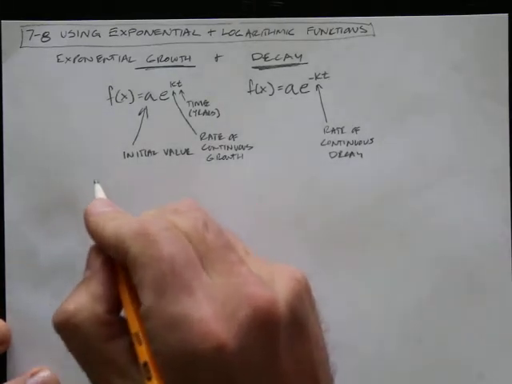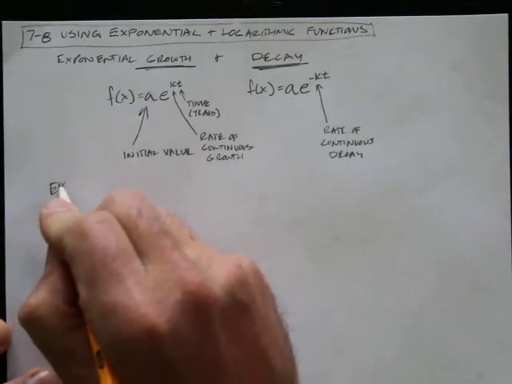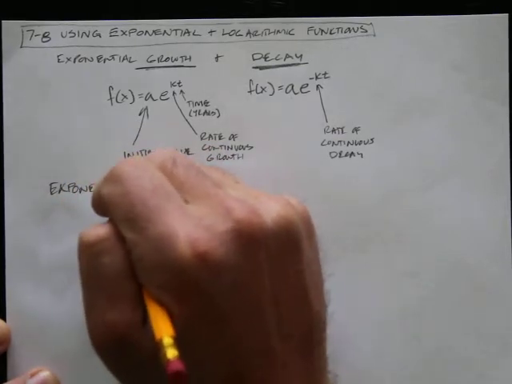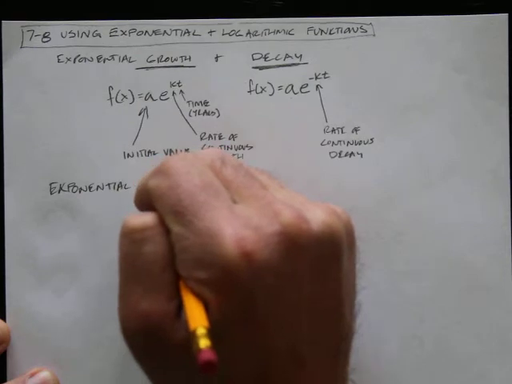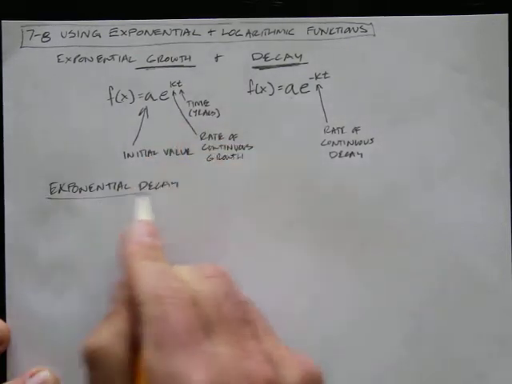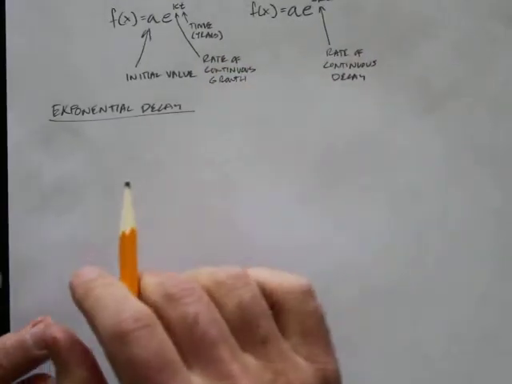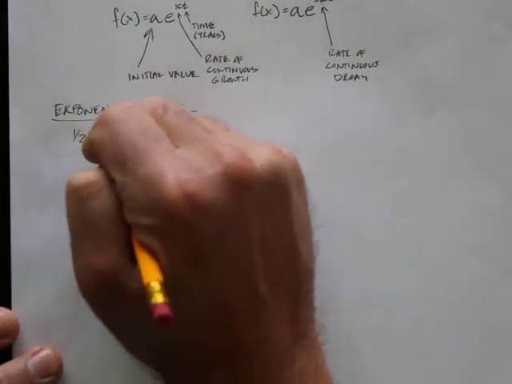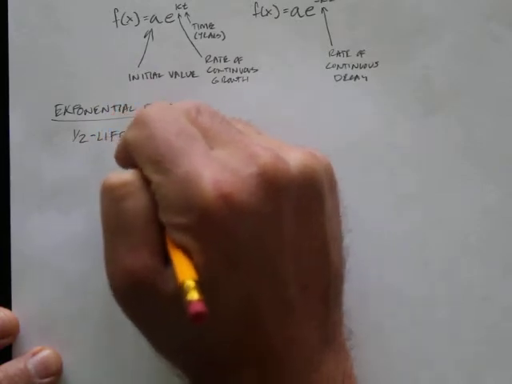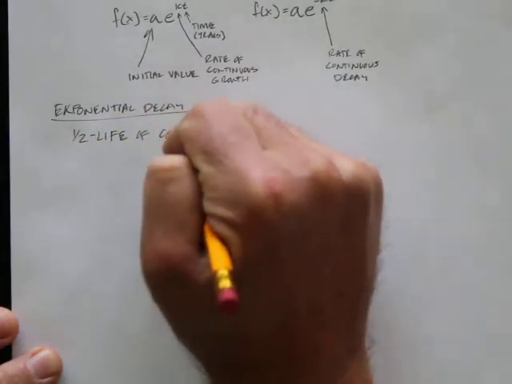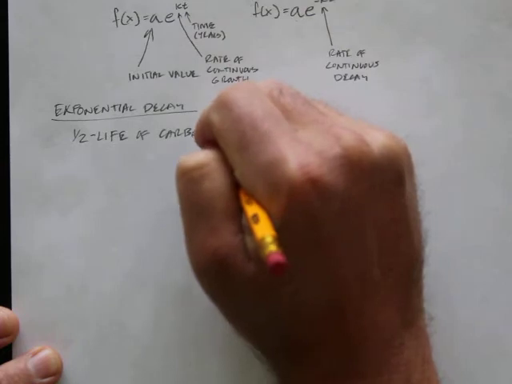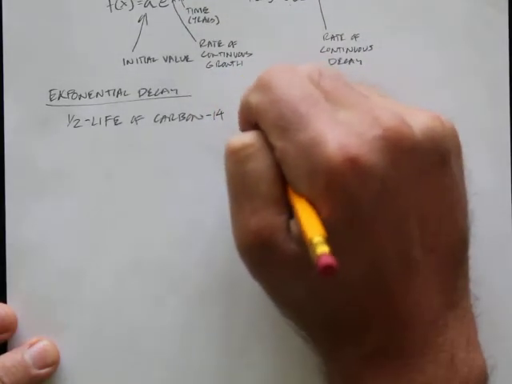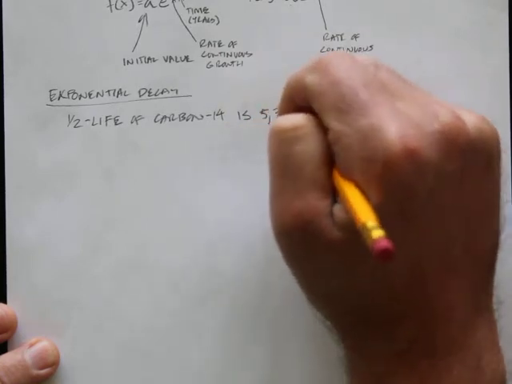So we're going to do an exponential decay problem here, example. Real life people have found out that the half-life of carbon 14 is 5,730 years.